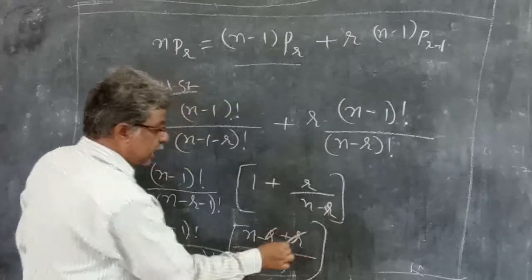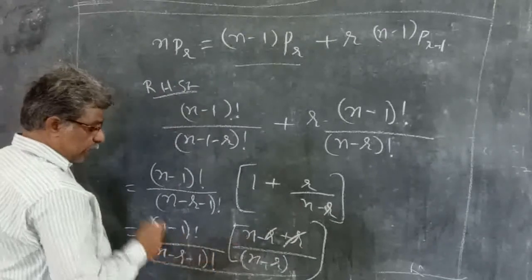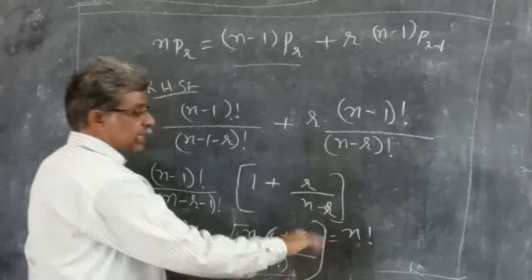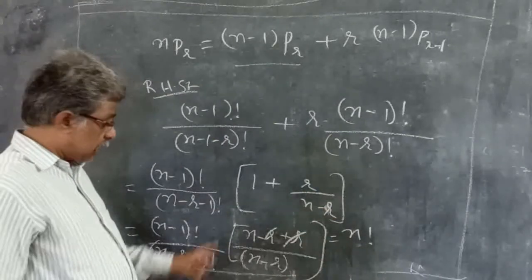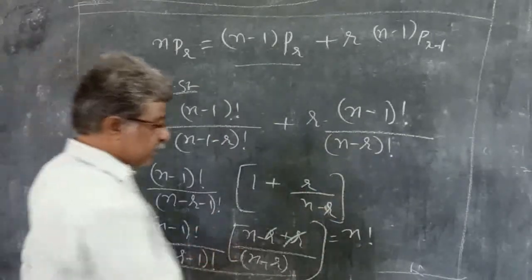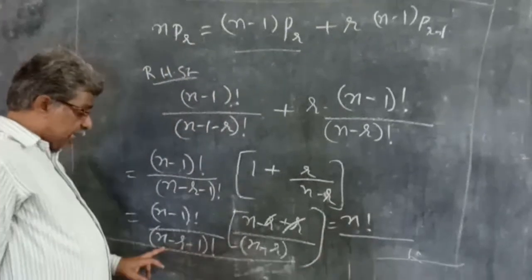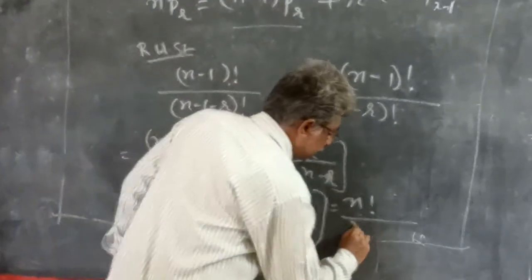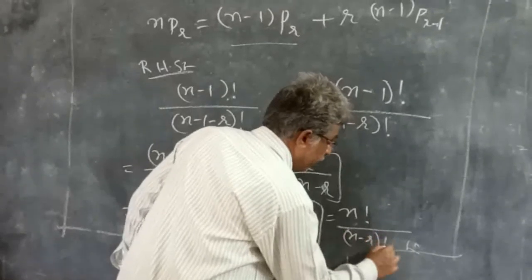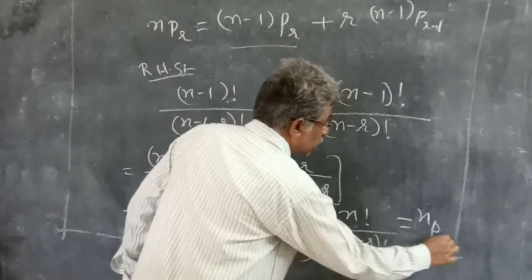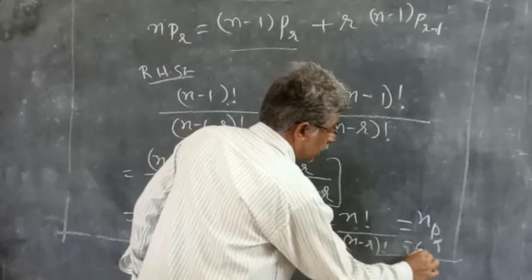So r cancels. Now n into n minus 1 factorial, I can write as n factorial. And n minus r into n minus r minus 1 factorial is nothing but n minus r factorial. So it is equal to nPr. Therefore LHS is equal to RHS.